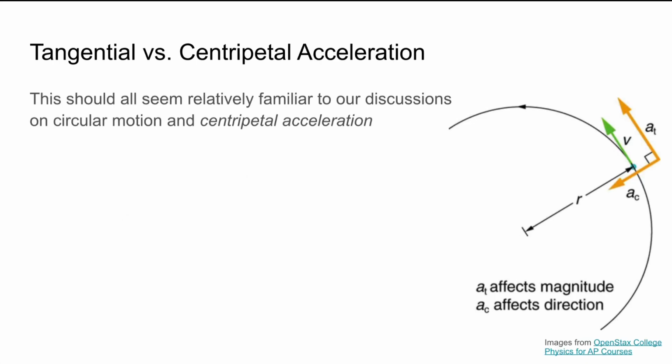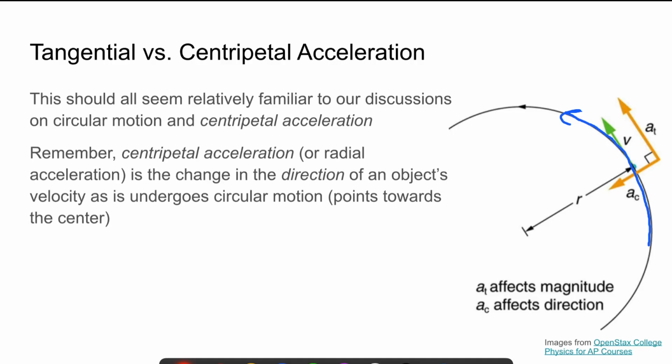So, just as a quick note, back when we were talking about uniform circular motion, where we had objects going around in a circle at a constant velocity, we discussed centripetal acceleration. Centripetal acceleration is also known as radial acceleration because it goes towards the center along the direction of the radius.